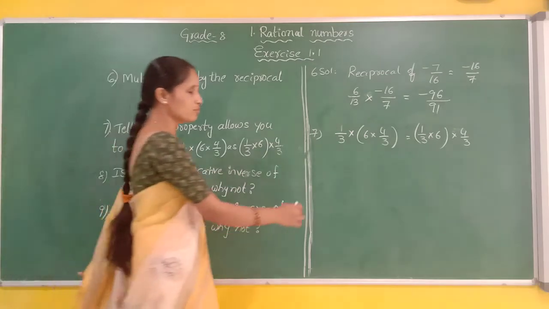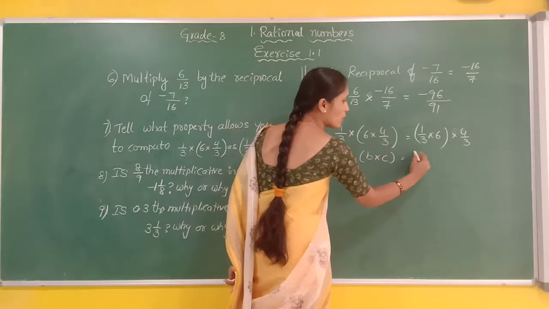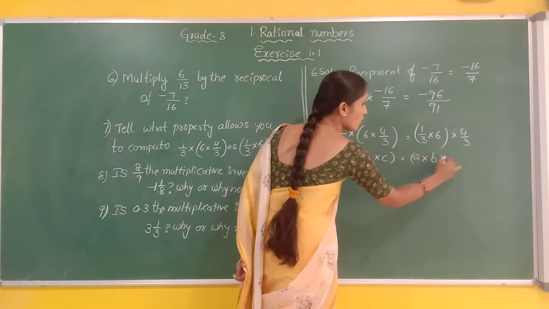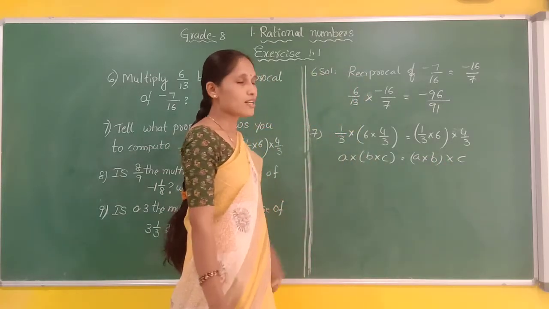Shall I give one clue? A into B into C is equal to A into B into C with different grouping. Can you guess now? Associative property.